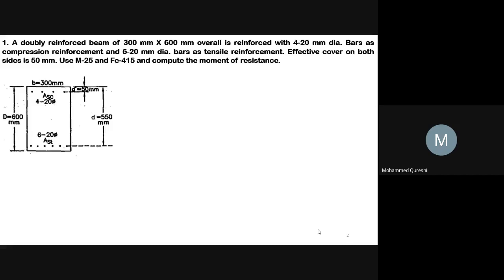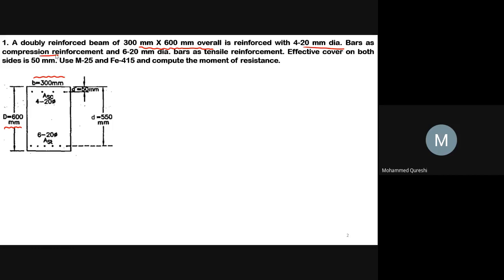So here in the first example, it is given that a doubly reinforced beam of 300 mm into 600 mm overall. That is the overall size, that is depth of the beam is given as 600 mm. So here D equals 600 mm and B equals 300 mm, reinforced with 4-20 mm dia bars as compression reinforcement.